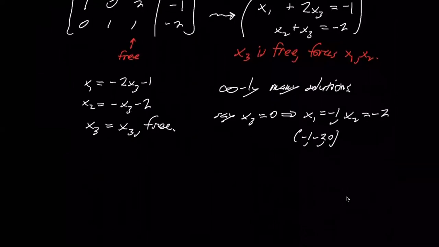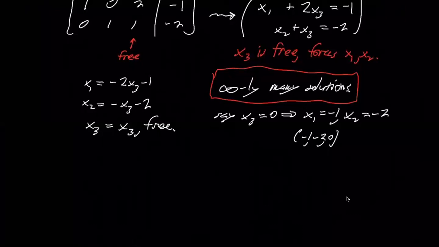But we could also let x3 be 7, or x3 be 42, or x3 be -pi, and that would also give us solutions. So this gives us infinitely many solutions. And again, underdetermined. Two planes intersect in a line, and that is why there are infinitely many solutions.